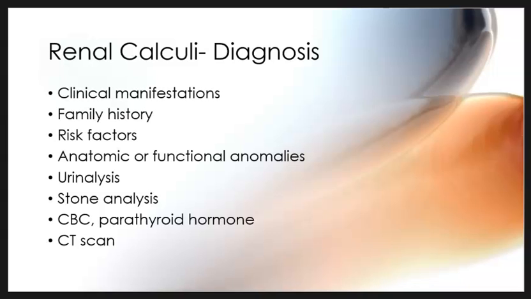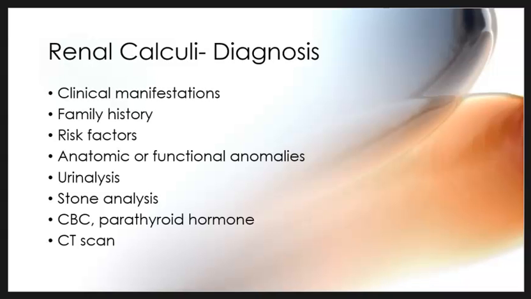Once the stone is passed, collection and analysis of the stone for evidence of its composition will be helpful for future prevention strategies. A complete blood count, or CBC, measurements of levels of serum electrolytes, serum creatinine, blood urea nitrogen, and assessment of parathyroid hormone level will provide good information related to additional risk factors and renal function.